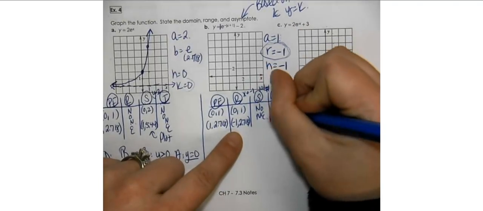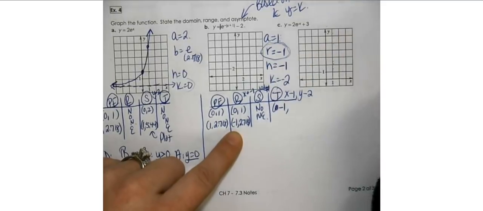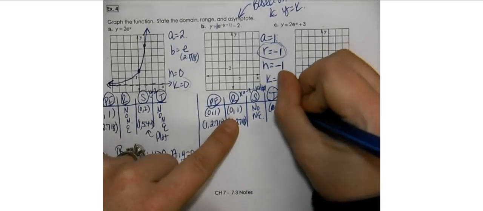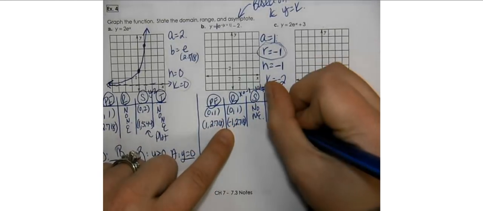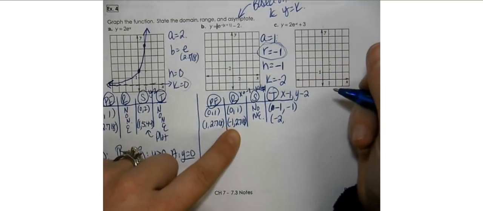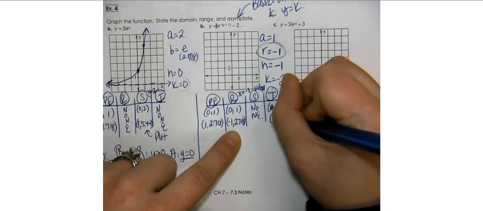So I have 0 minus 1, which is -1, and 1 minus 2, which is -1. So -1, -1. And -1 minus 1 is -2. And 2.718 minus 2 is equal to 0.718.